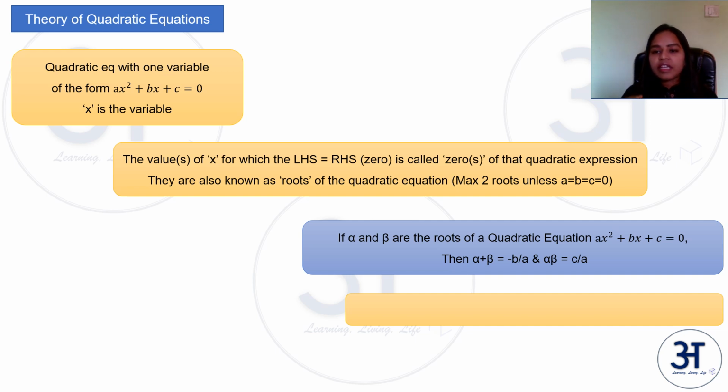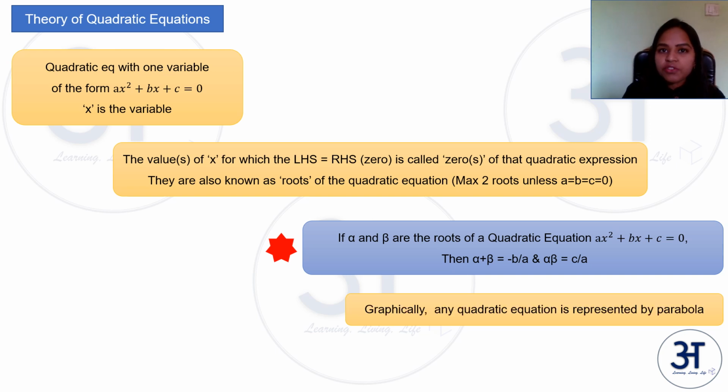So ensure that you know this very properly, and whenever a quadratic equation is given, bring it to the form ax square plus bx plus c, and then you know the sum of the roots is minus b by a and the product of the roots is c by a, right? This is the most important thing, as I said. Graphically, any quadratic equation represents a parabola, right?